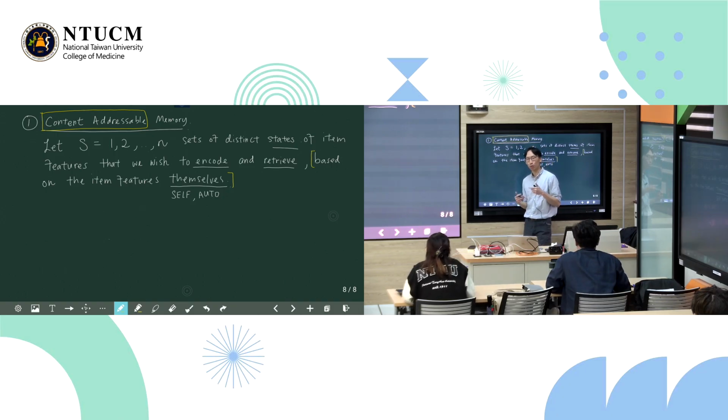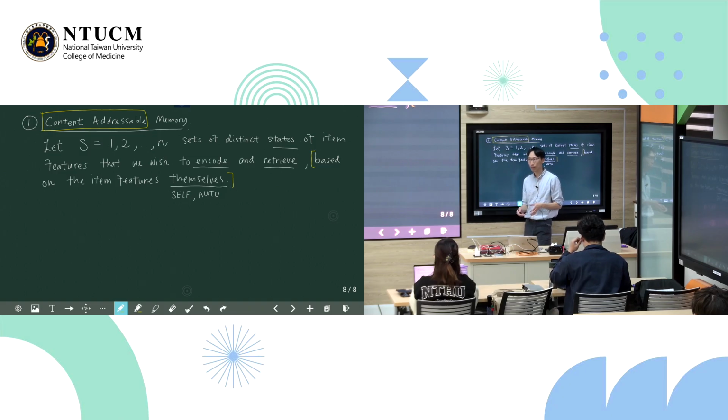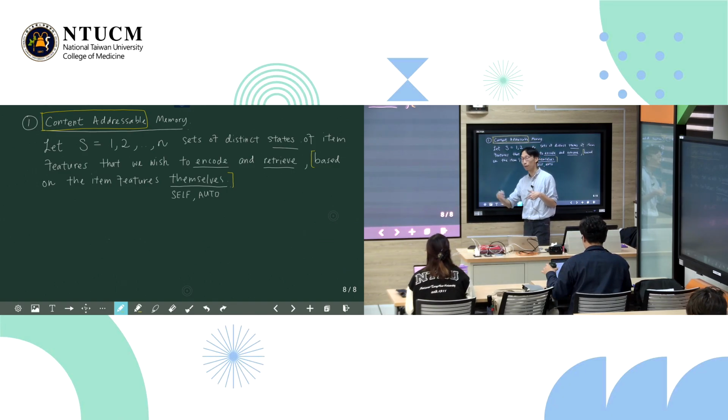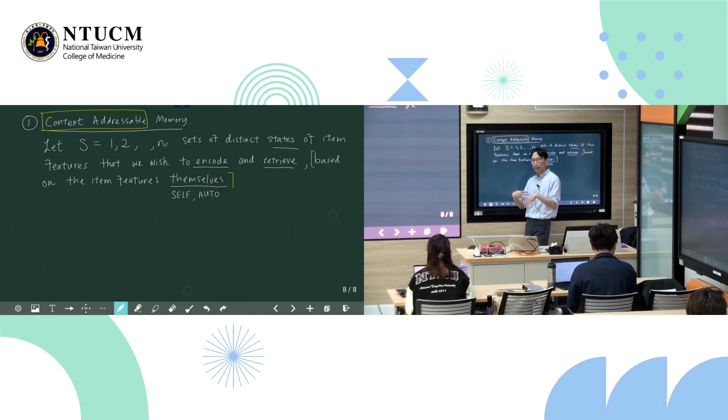So if you want to implement content addressable memory, and we agree that we do, what we mean is that we want a system in which, if I had many states that I experience, so to speak, whatever that means operationally, formally, that means that I want to encode, with the hope of retrieving these states, in which the way I encode these states is that these states are those states themselves.